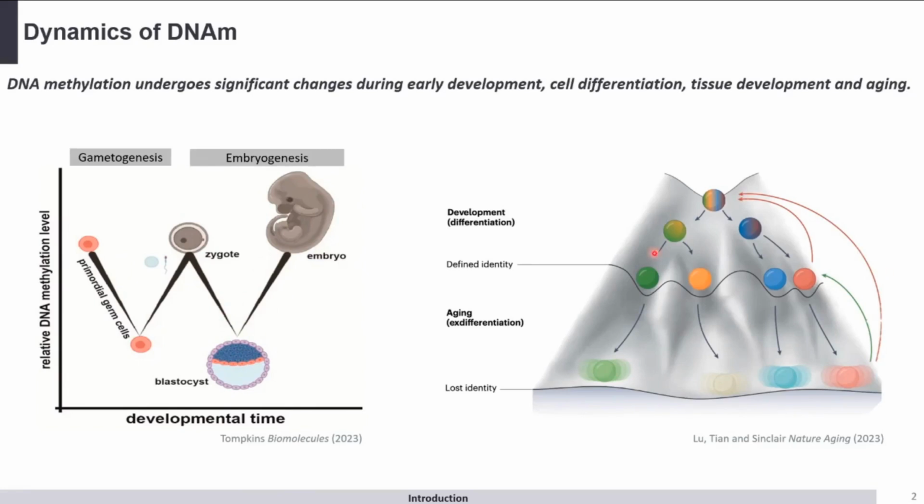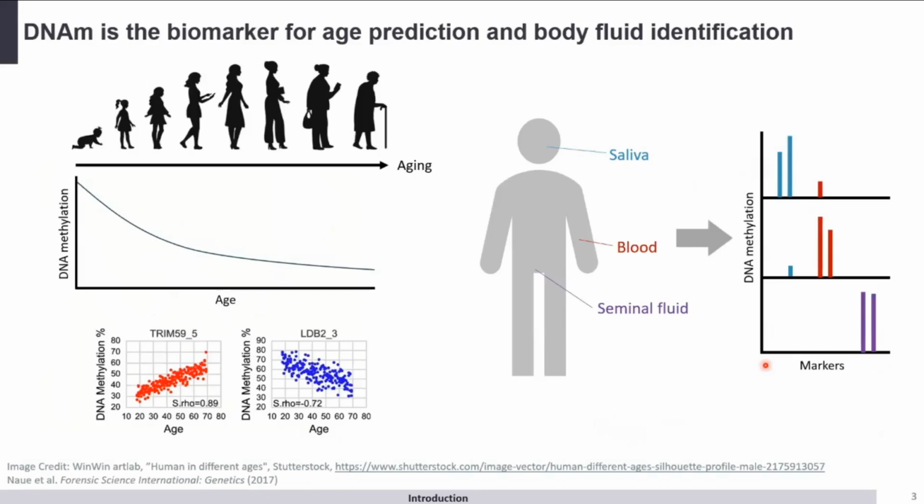The figure on the right is inspired by Waddington's landscape metaphor, which visualizes the journey of cell differentiation, starting with pluripotent cells at the top and ending at the lower point when a differentiated state is reached. And DNA methylation plays a crucial role in shaping the epigenetic landscape and determining the identity of the cells during development and beyond.